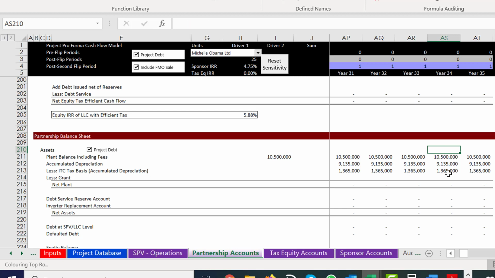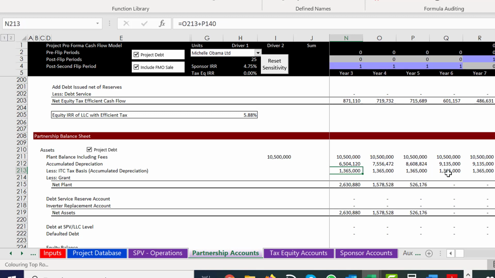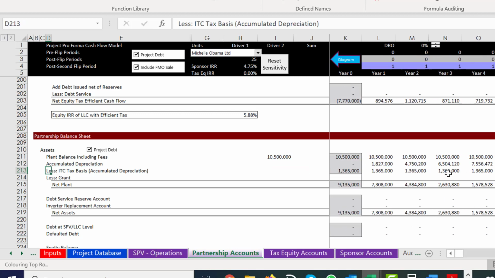The difference between the accumulated depreciation and the total asset value is this 50% write-up. This includes the total assets, and this includes, I put less the ITC tax basis adjustment. I'll put ITC 50% tax basis adjustment, just so we remember.